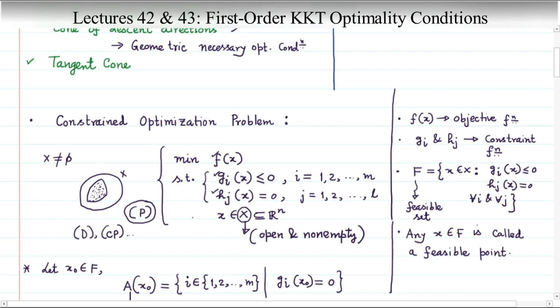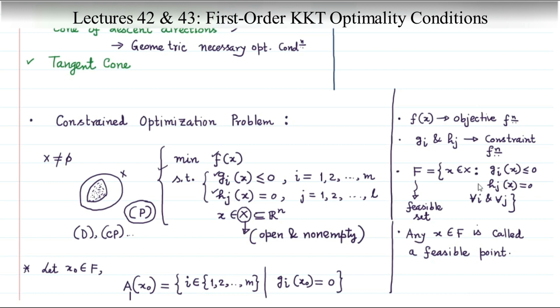However, in this course, we will not talk about non-smooth optimization problems and their optimality conditions. So unless otherwise stated, by constraint optimization problem we will mean this problem where the set capital X is an open and non-empty subset of the n-dimensional Euclidean space, and the objective function f, g_i, h_j are all continuously differentiable.